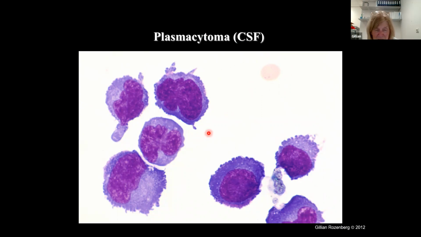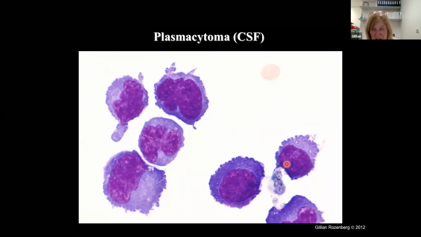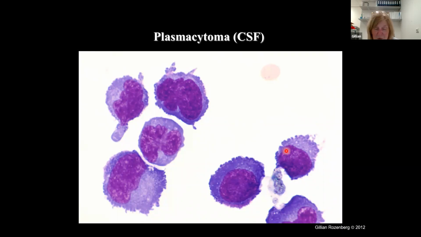But if you follow the way I teach you, you look at the age of the patient, you look at the clinical notes, which hopefully someone has put into your patient notes, that they had myeloma or plasma cell myeloma. Then you can tell that this is a really severe terminal stage of, this could either be plasma cell myeloma or a plasmacytoma, because as I said, they mark identically.